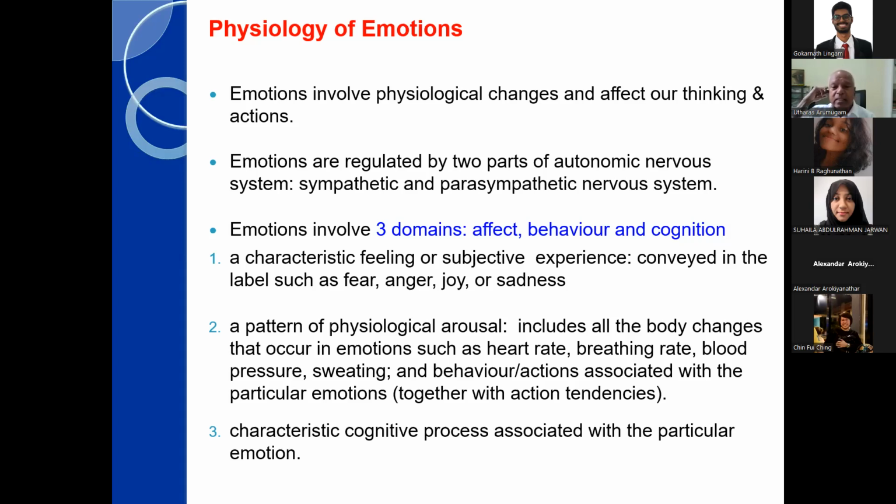Emotions are regulated by two parts of the autonomic nervous system: the sympathetic and parasympathetic nervous system. Emotions involve three domains: affect, behavior, cognition. And of course, a characteristic feeling or subjective experience conveyed in the labels such as fear, anger, joy, or sadness. Okay, so we have to have the language.